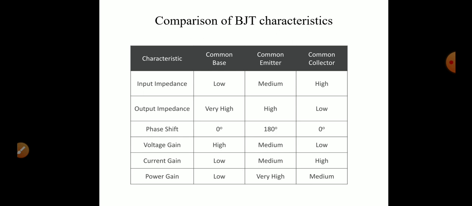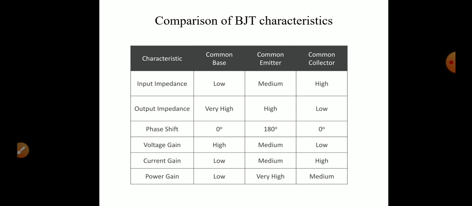But in common emitter configuration, the phase shift between input and output is 180 degree. That means we use the common emitter configuration as an inverting configuration. It is also called inverting configuration. Common emitter is the commonly used configuration for amplifier sections. In common emitter, 180 degree phase shift is provided between the input and output.